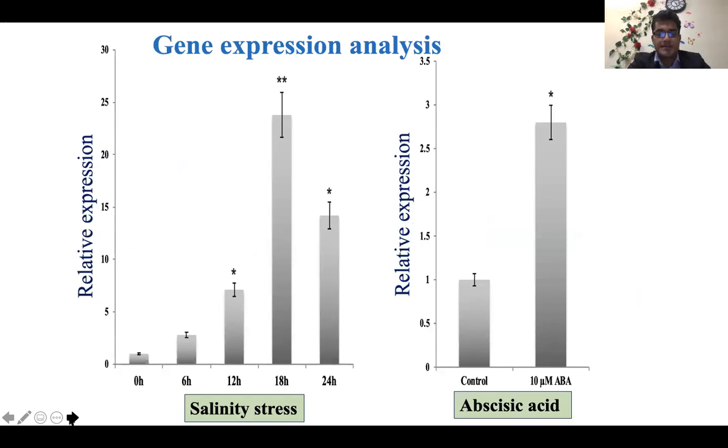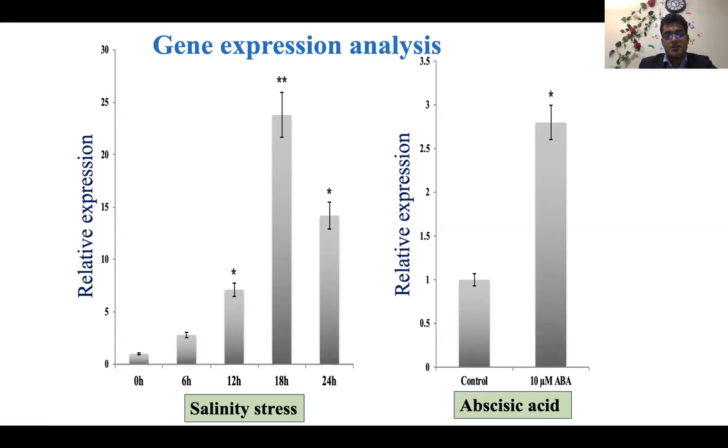We performed gene expression analysis of NAC21 during salinity stress, and you can see that as time of salinity stress goes on, after 6 hours of salinity stress, it was upregulated. After 12 hours, it was still highly upregulated, but during 18 hours of salinity stress, it shows almost a 24 to 5-fold change.